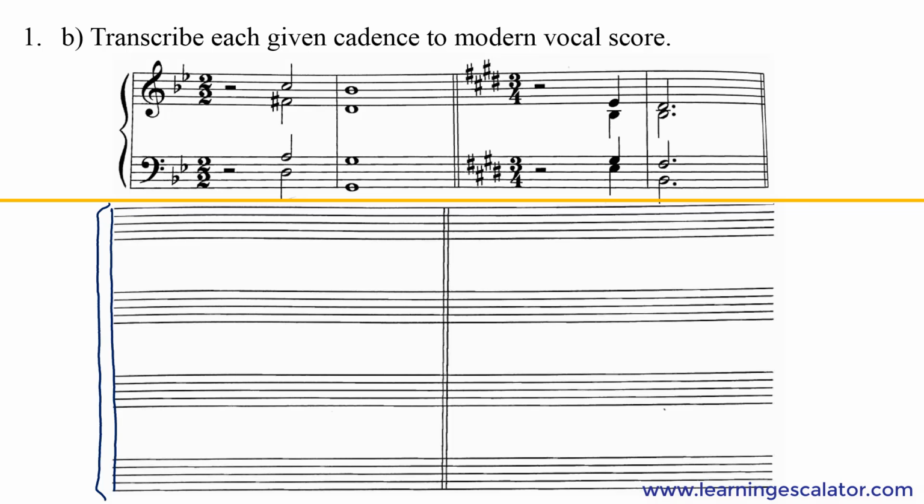Then we label the voices, which is soprano, alto, tenor, and bass. So soprano, a treble clef, alto, also a treble clef, tenor also a treble clef but 1 octave higher, and bass is a bass clef.